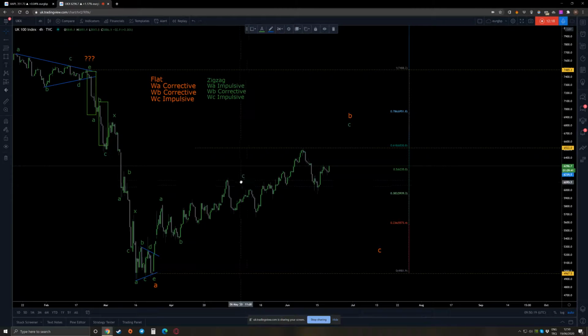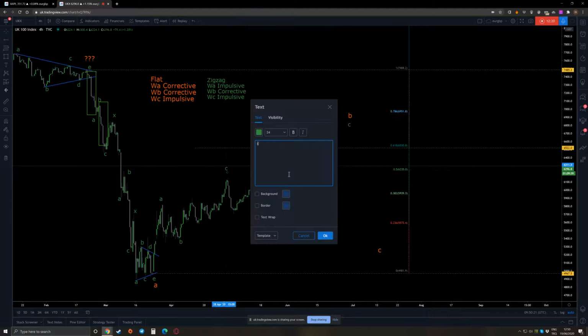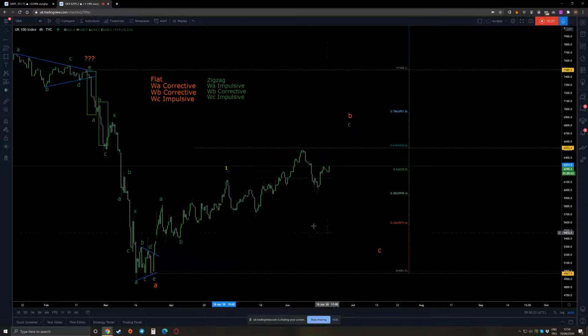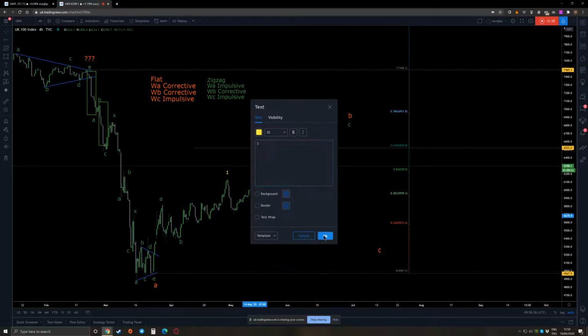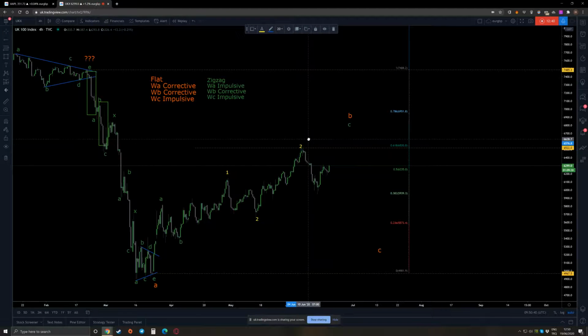So if I want to go even one lower degree, maybe, just maybe, we are looking for something like this. So maybe we have a wave one, not A, I'm sorry. Maybe a wave one here or here. Maybe we have a second wave. Maybe we have a third wave.